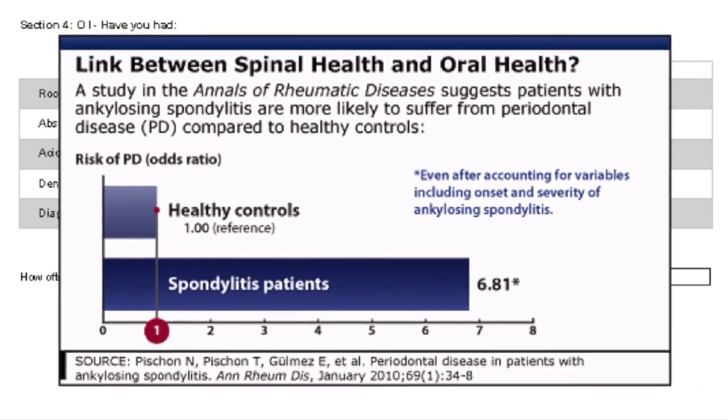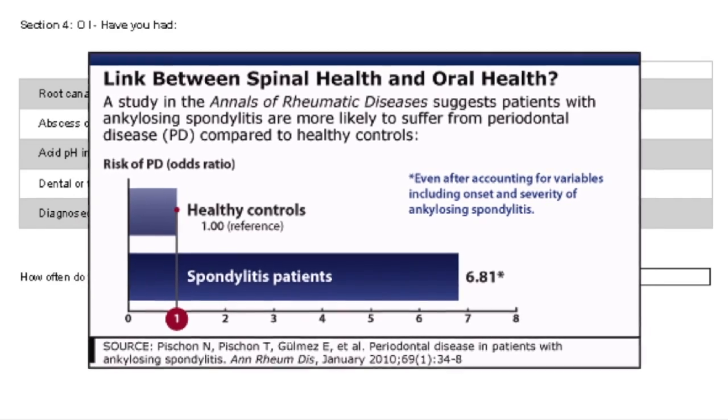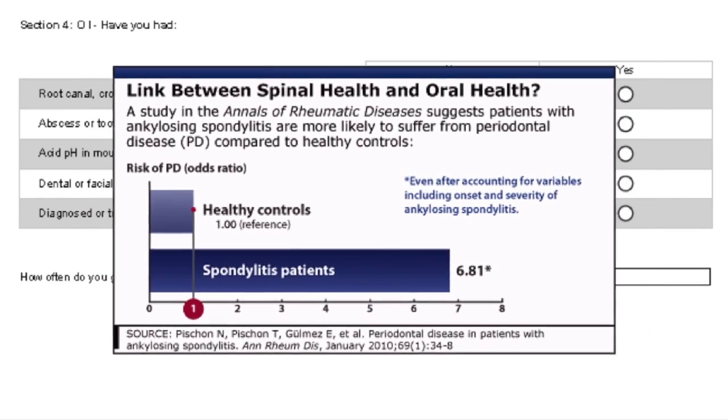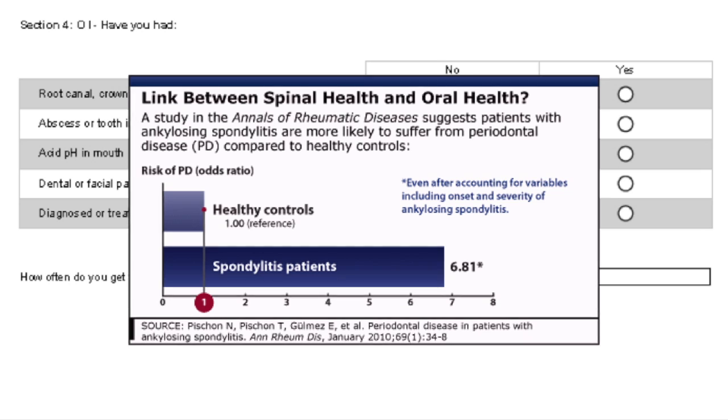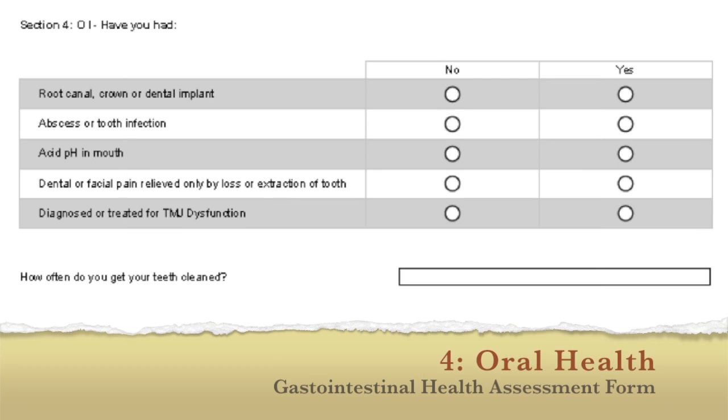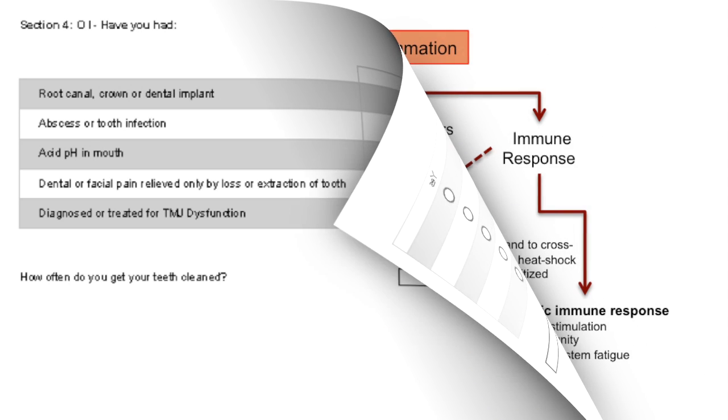Section 4. Oral Health, Infection, and Temporomandibular Dysfunction. Oral infection and dental procedures can cause transient bacteremia. Oral periodontal bacteria can cross into the bloodstream through the bleeding gums, causing a systemic inflammatory infection.